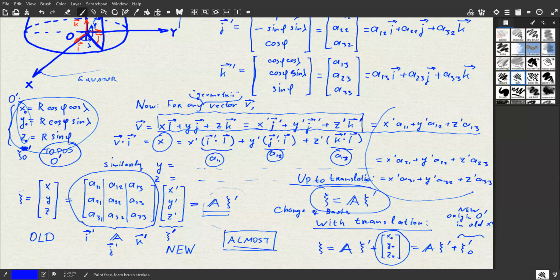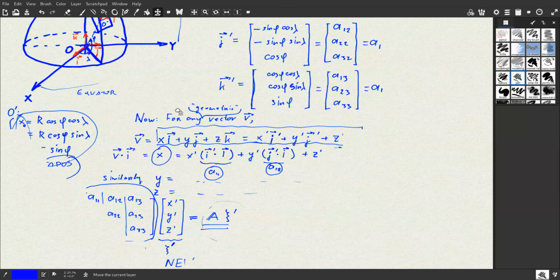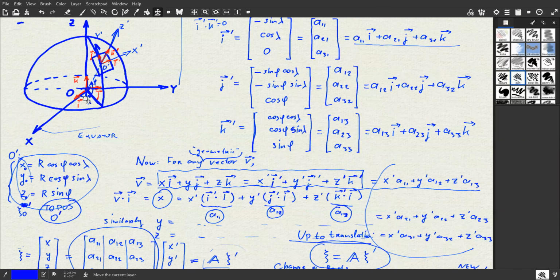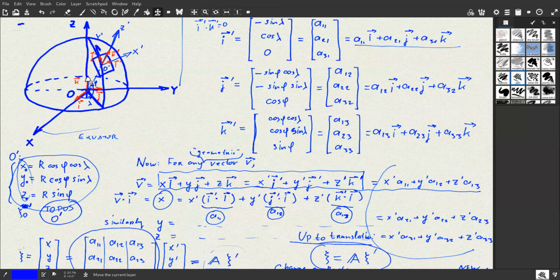Looking at our geometric picture, you see in the red, ijk is one basis. Another one is, again in the red, i prime, j prime, k prime. But if we only change basis, then we implicitly assume that our origins are the same.